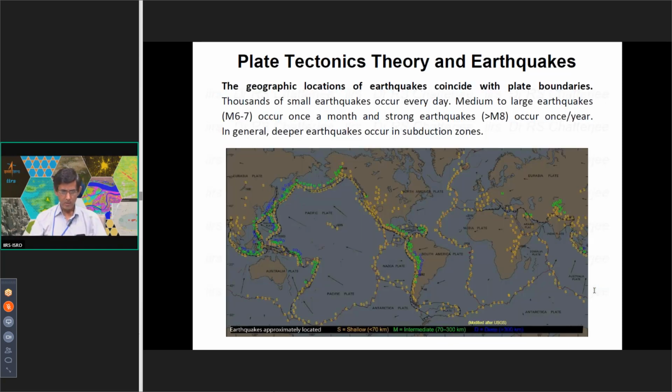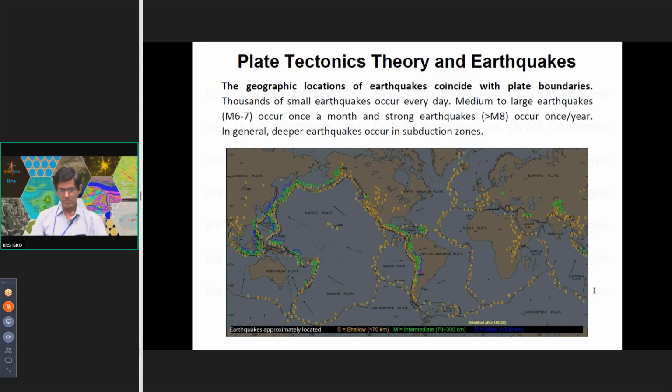Now, in this plate tectonic theory, you can see that at the boundary of the plates, if we compare with the occurrences of earthquakes, the geographic locations of the earthquakes coincide with the plate boundaries. Thousands of small earthquakes occur almost every day, and in the illustration it is shown in 2 colors: S is shallow and M is intermediate depth earthquakes.